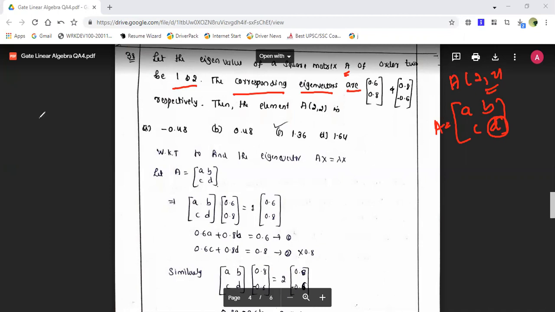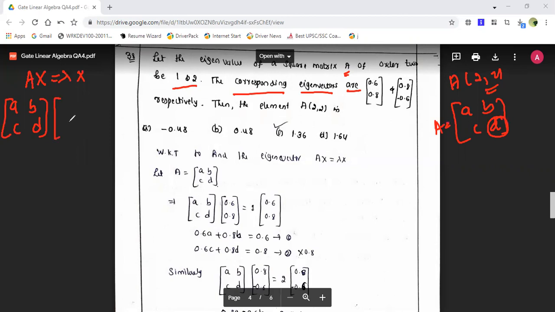Whenever the eigenvectors are given, we know the property that if A is a given matrix, then eigenvectors can be found by using Ax = λx. Now let me consider A as [[a, b], [c, d]]. For the eigenvalue λ = 1, the eigenvector X is given as (0.6, 0.8).